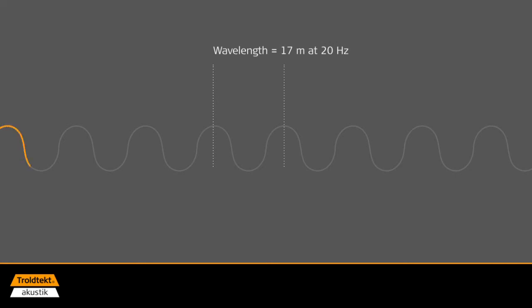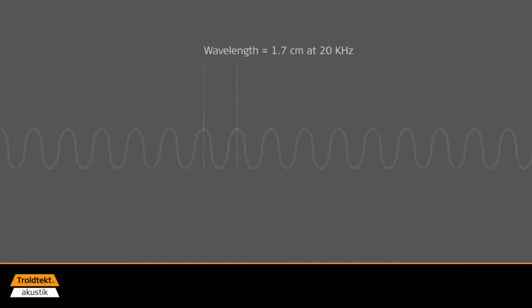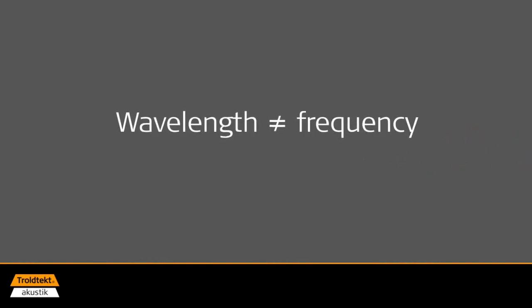For instance, the wavelength in air for a sound wave with a frequency of 20 Hz is 17 meters, while the wavelength for a high-frequency treble sound wave with a frequency of 20 kHz is only 1.7 centimeters. Wavelength is thus inversely proportional to the frequency.